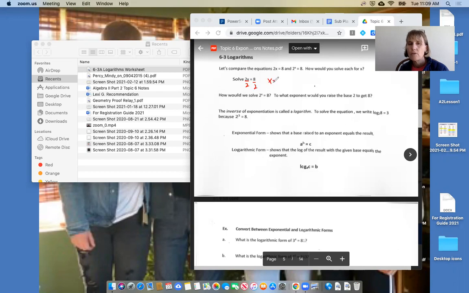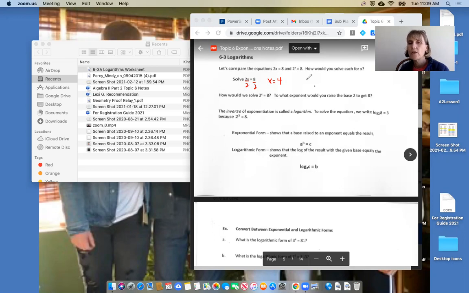Why do we use that to solve? Hopefully you're thinking, well, we divide by 2 because we want to undo the multiplication that's going here. We want to use the opposite or the inverse operations. The opposite or the inverse of multiplying is to divide, and that's why we divide by 2. We get an answer of x equals 4, which is true.